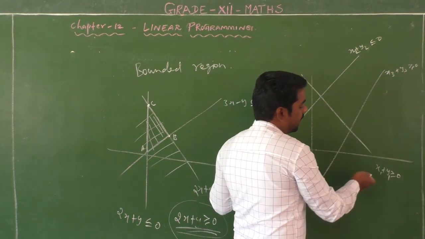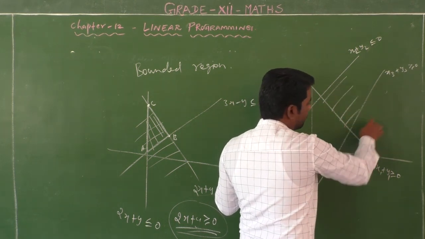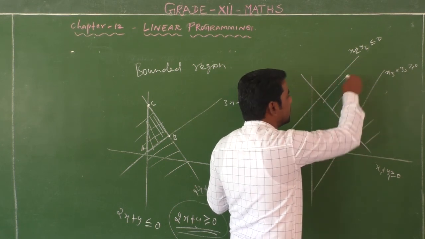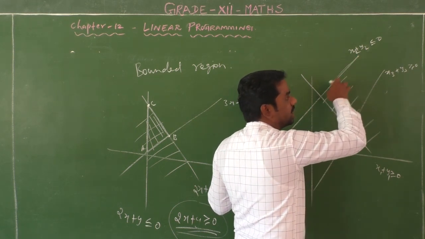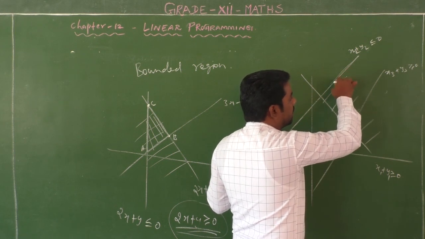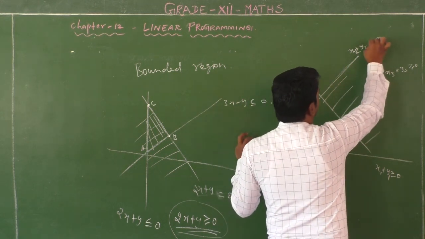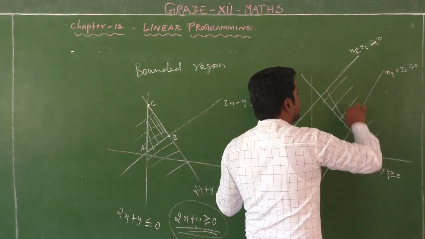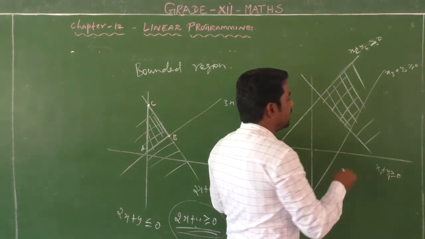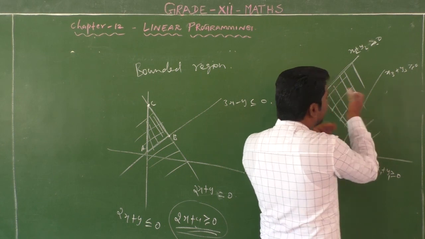Listen. Suppose x2 plus y2 is less than or equal to 0, this line is x2 plus y2 equal to 0. Less than or equal to 0 means below the line, above the line is greater than or equal to 0. So below the line, so set this region. Listen, here these two lines intersect. But three lines do not intersect.